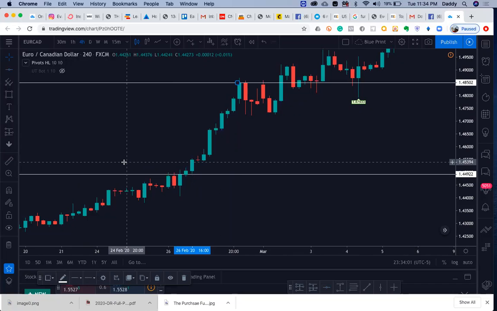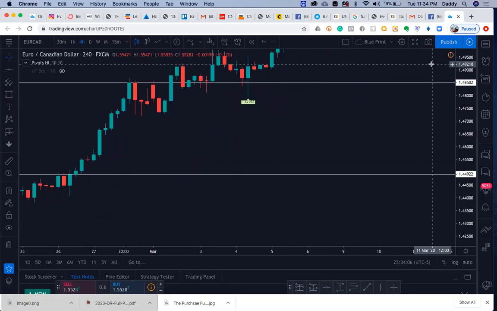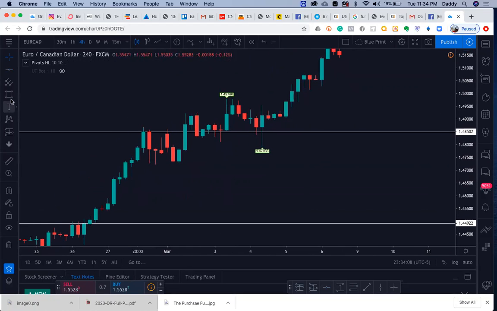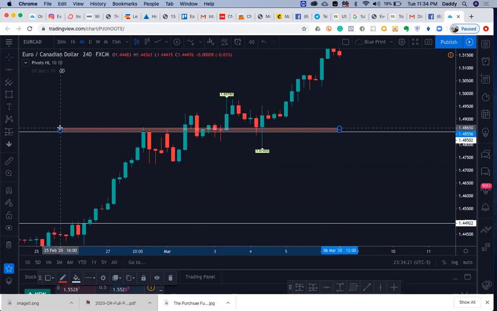Now, the second thing that we do for a resistance zone, and I don't want to go too fast, is you see that wick that's sticking up right there? Because that's a zone, what we do is we cover that wick.